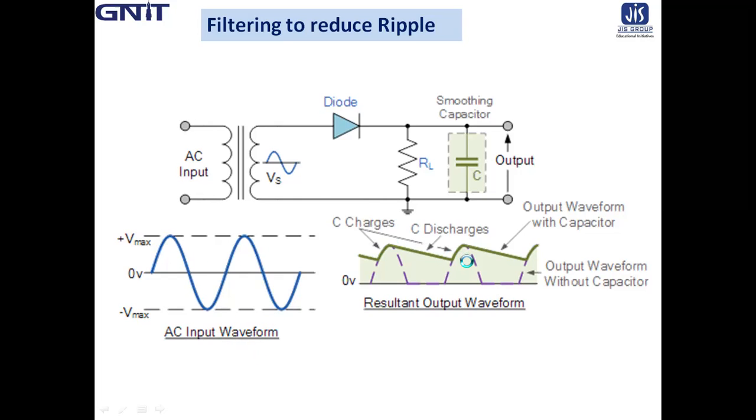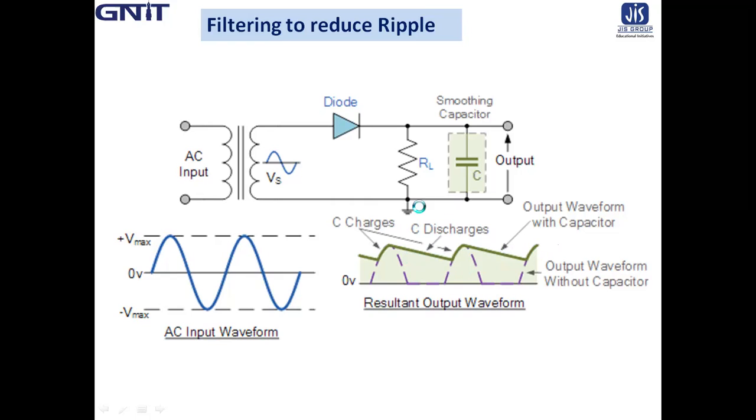and the charging and discharging process repeats during the next positive and negative half cycle respectively, and the process continues for other cycles. So we get an output voltage waveform across the load as shown here, and this is like a DC waveform.